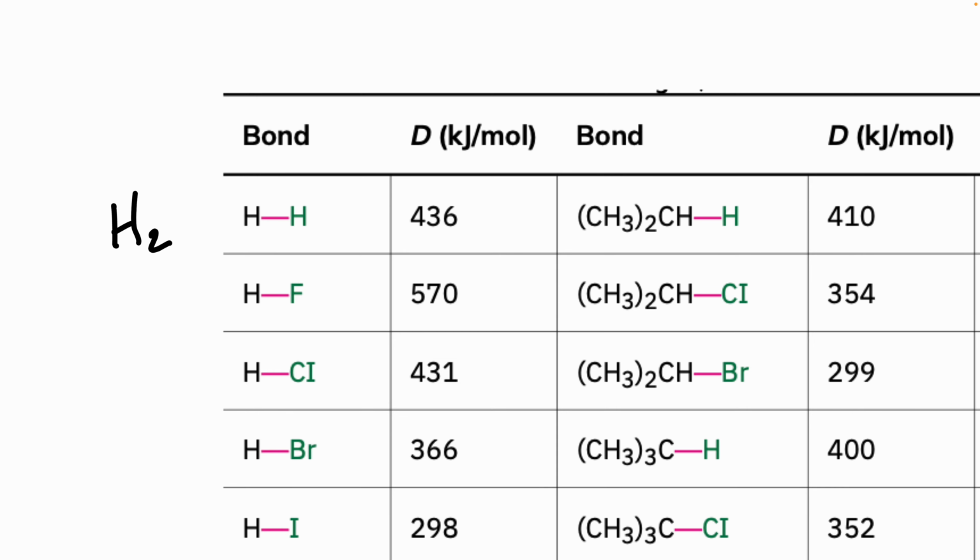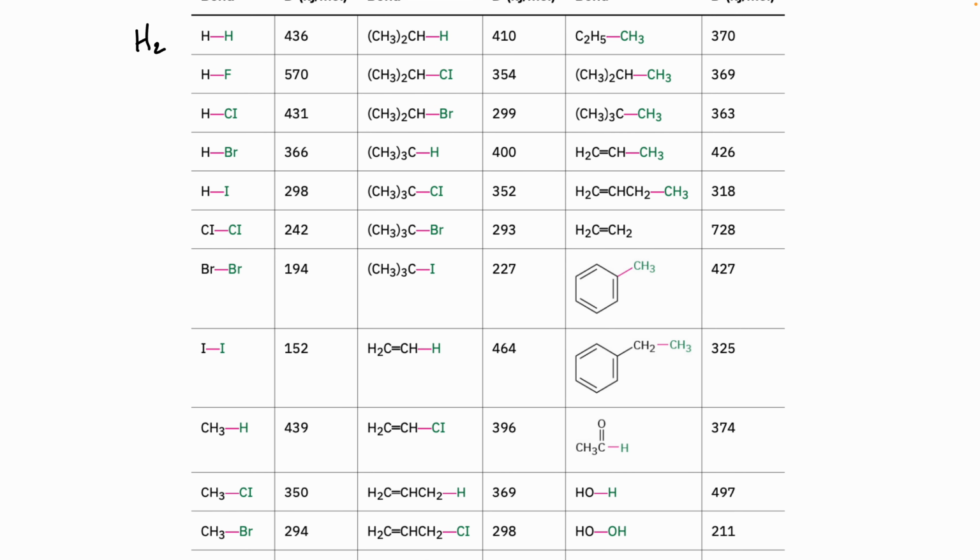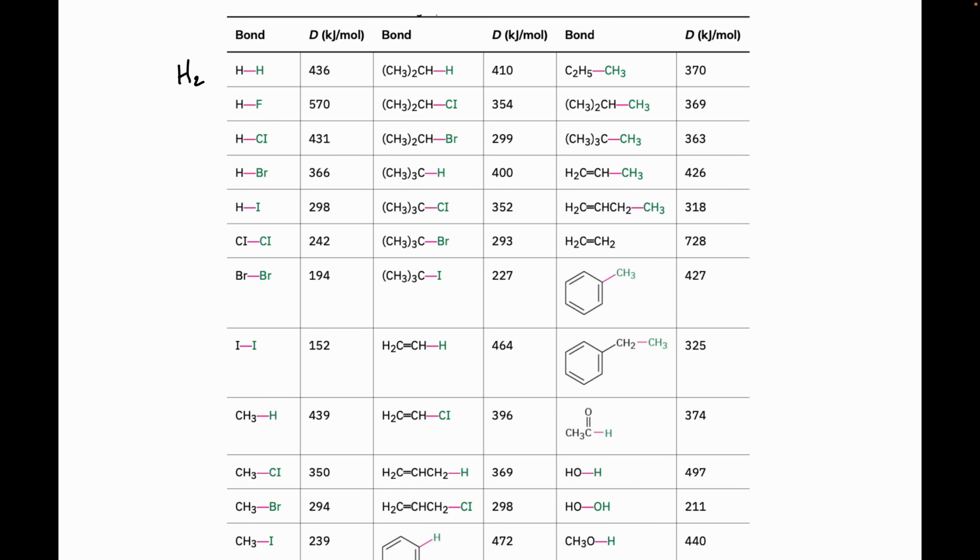In order to break bonds, we have to put in energy. So this is a master list of these bond dissociation energies in organic chemistry. What I want to do is focus in on the subset that corresponds to our halogens. And I want you to look at these values carefully and compare them to all the other values that we see on this table.